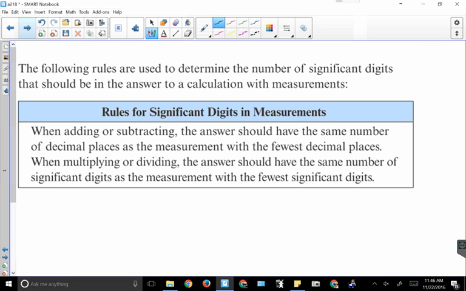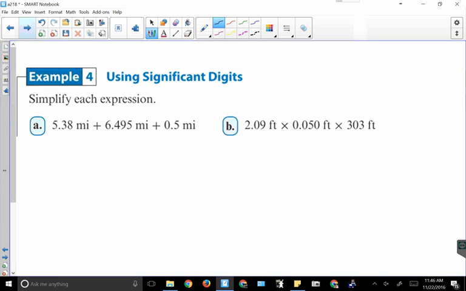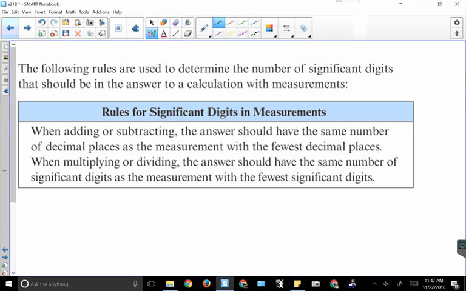So, if I am looking at this one here, I got A. I got 5.38, 6.495, and 0.5. What should I round it to? Should I round it to 1 place, 2 places, or 3 places? Well, the rule said when adding or subtracting, the answer should have the same number of decimal places as the measurement with the fewest.